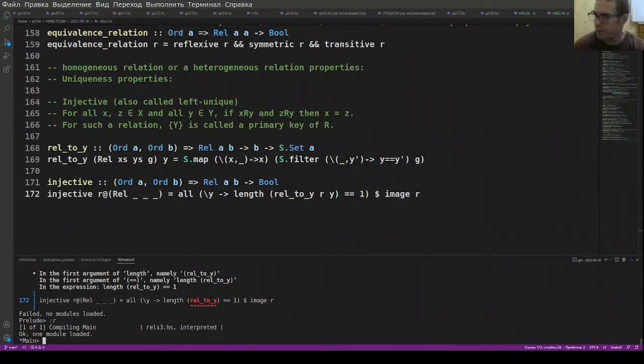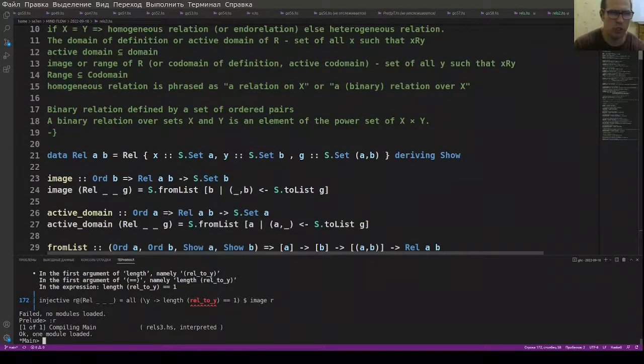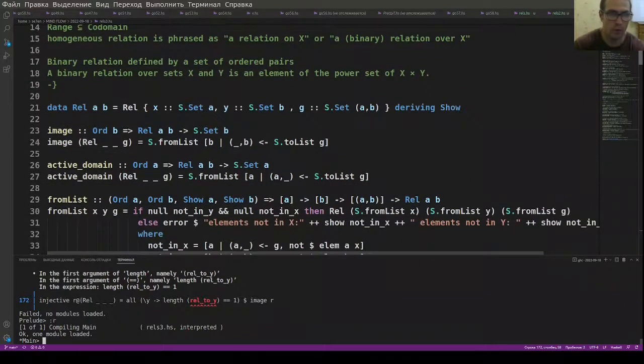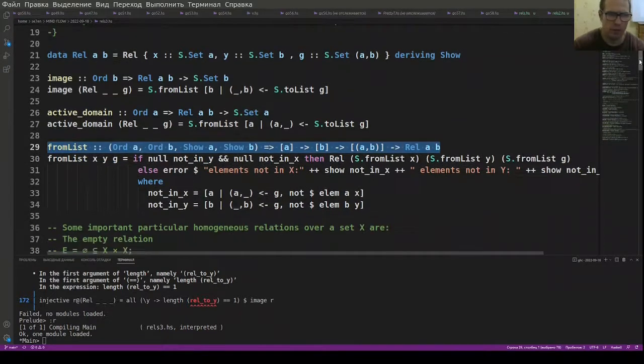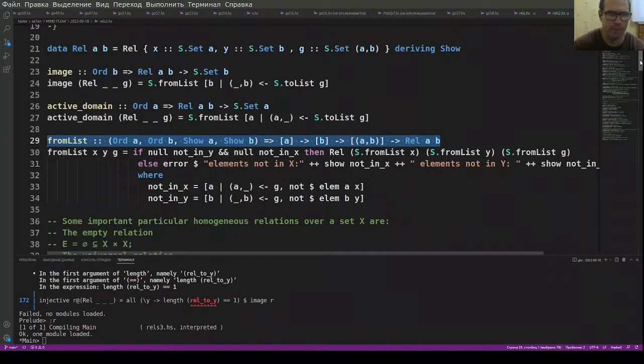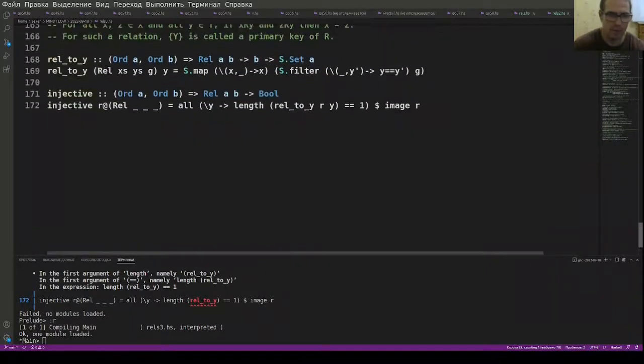Okay, we're done. Now I think we can try to build some relations with our rel constructor. Oh, not why we use a rel constructor. We can use the from list constructor. We have this function which allows me to build any type of relation. Okay, and let's build some.